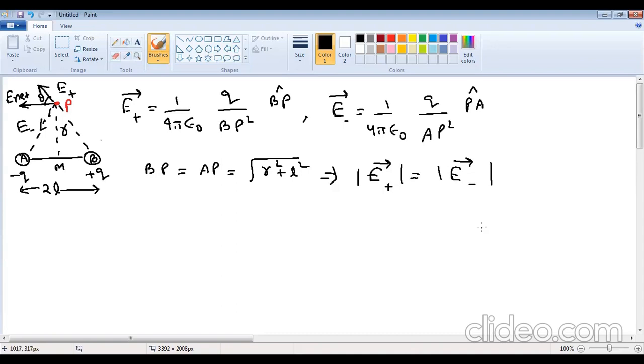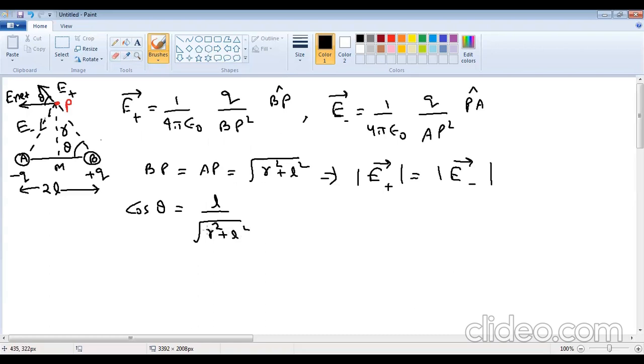So that means whatever angle theta is made by this resultant field E net with respect to E plus, the same angle has to be here. And this angle can also be calculated if we take the cosine of the angle. So we can quickly write it like L upon under root R square plus L square.